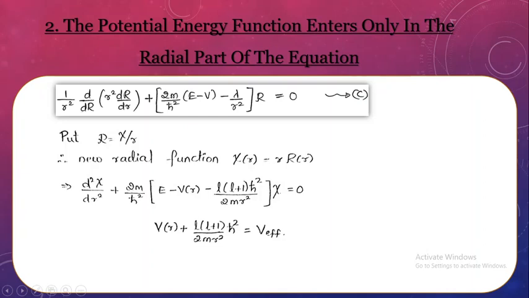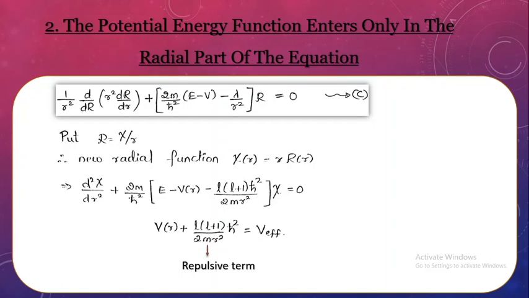So this second term is nothing but the repulsive term, whereas V of R, generally we say, is a Coulombic potential, so it is an attractive term. So finally we have the effective potential as the contribution of both attractive as well as repulsive potential.